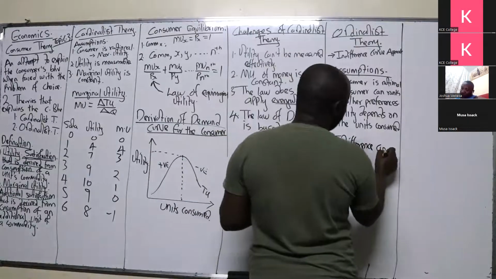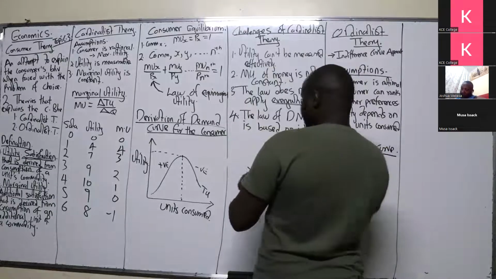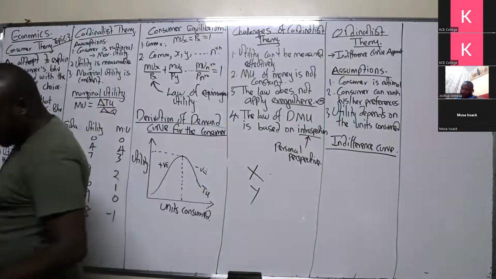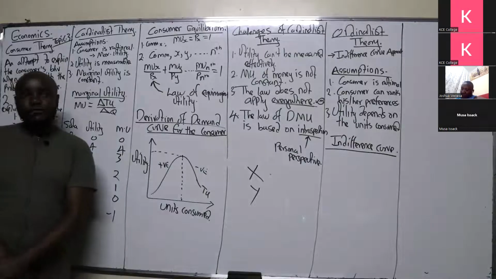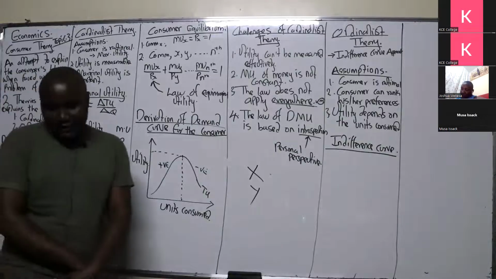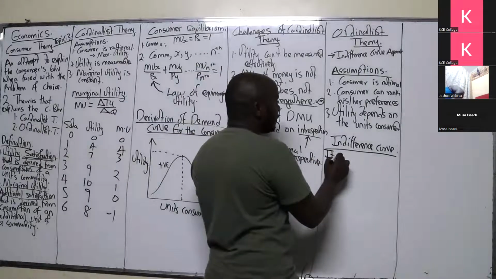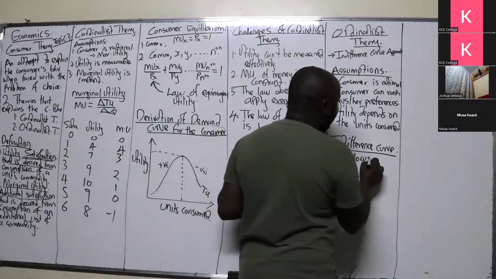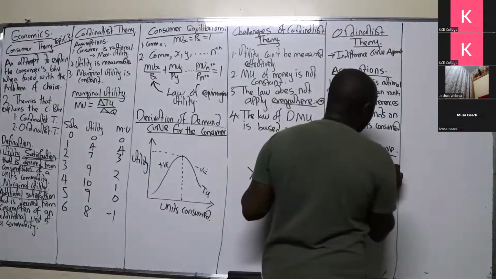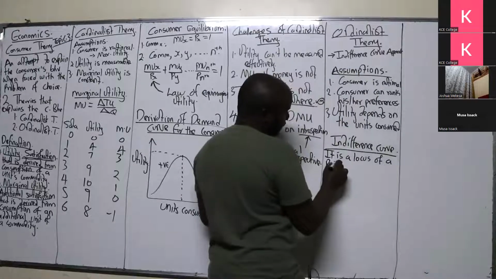Indifference curve. I said it's just a locus of a point representing a combination of two goods that yields the same utility.